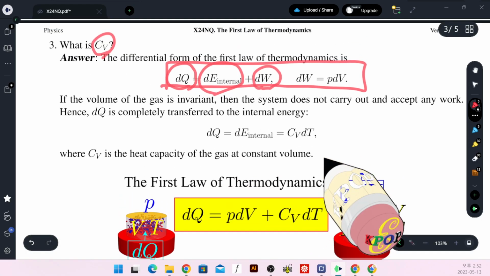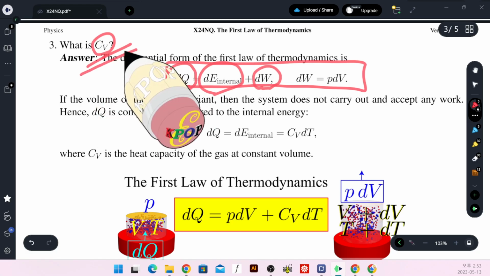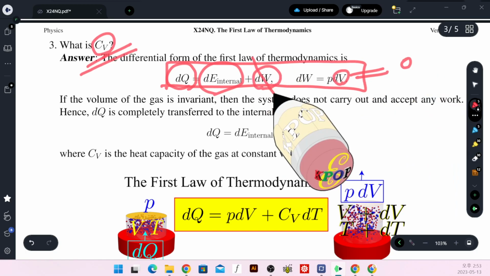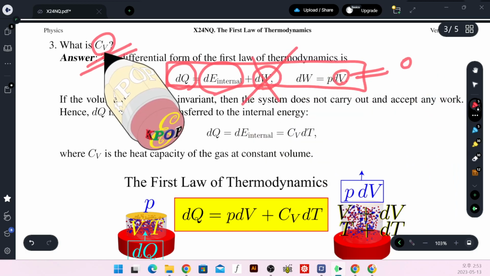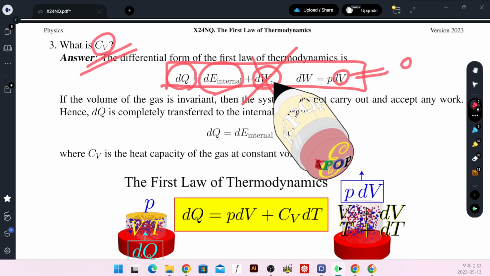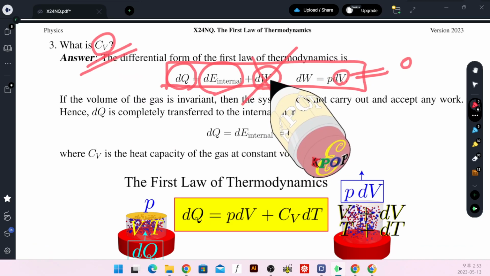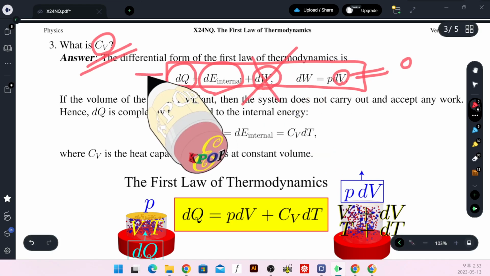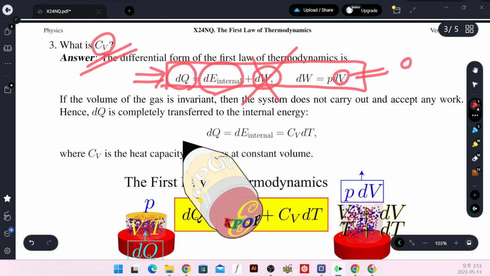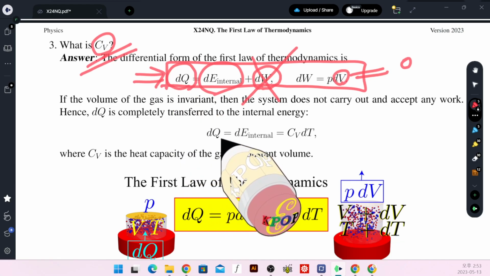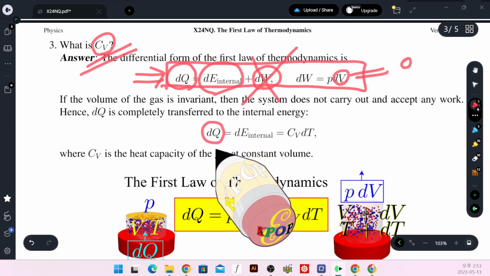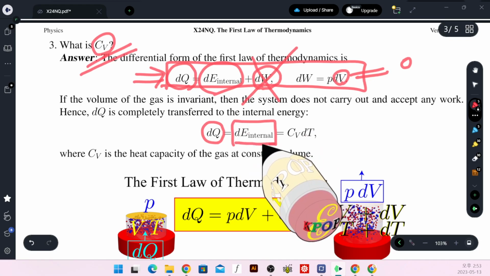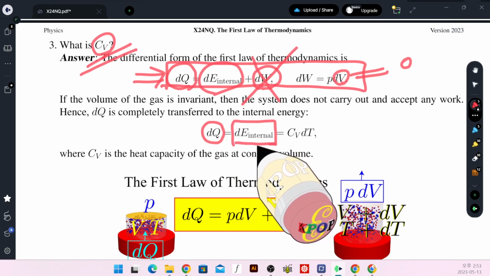Here, if the volume doesn't change, dV is identical to 0. Therefore, this states that the gas system does not do work at all. As a result, the input energy coming from the environment in the form of heat is completely transferred to the internal energy of the gas.